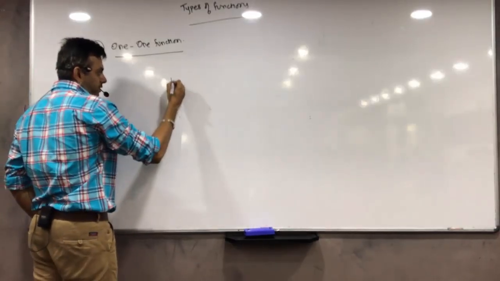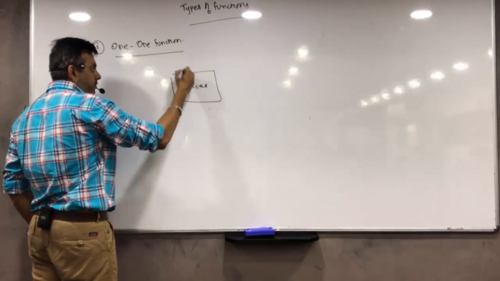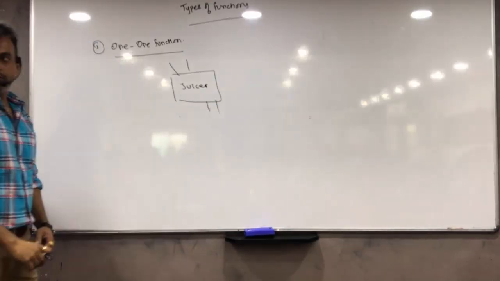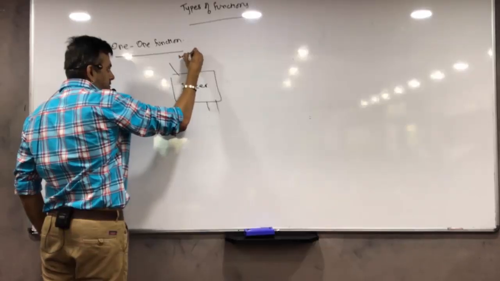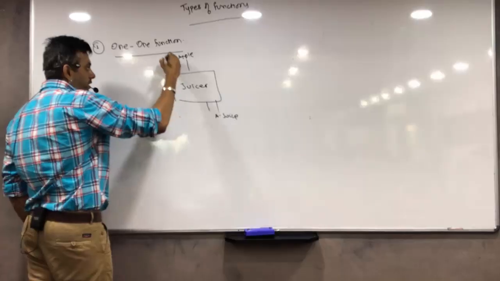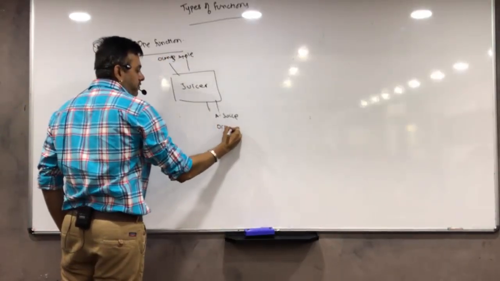As we say, we have a machine, a juicer. We have an input, and we have an output. We put in, say, apple, we get apple juice. We put in orange, we get orange juice.